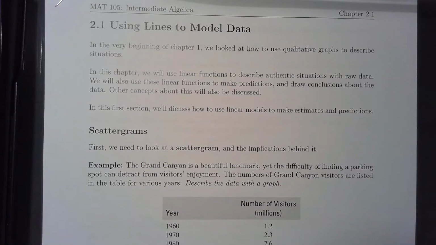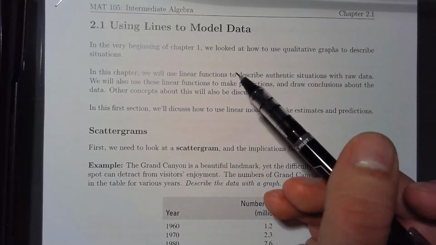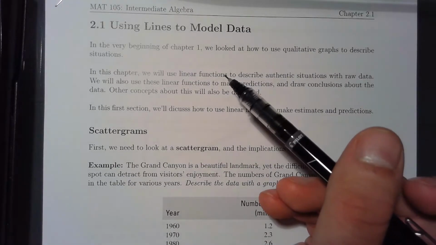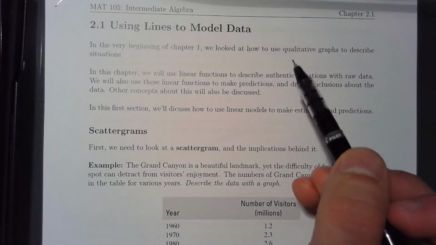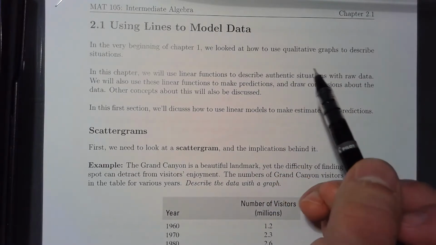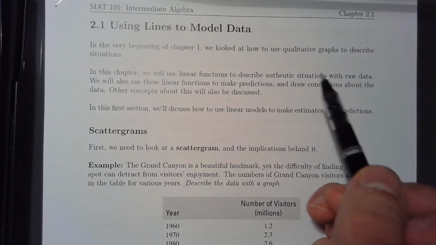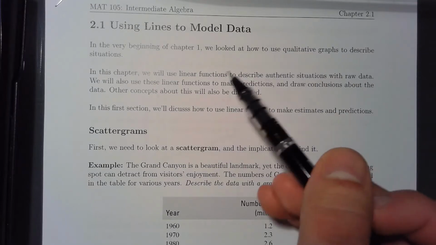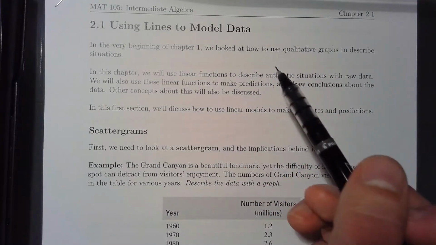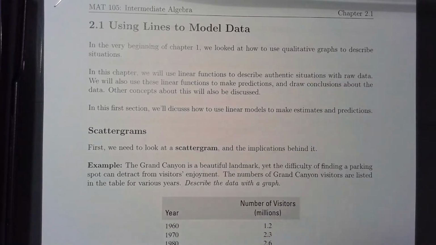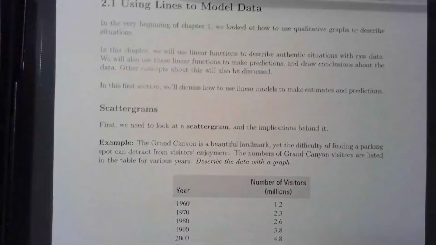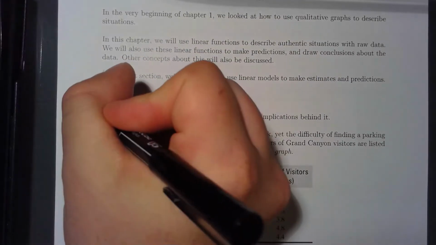So what we're going to do in the first section of chapter 2 is, if you think back to the very beginning of the first chapter, 1.1, we used qualitative graphs. That was graphs without any axes on them or any units on them. Well, now we're going to look at graphs where we actually plot values on them. Those kinds of graphs are called scattergrams.